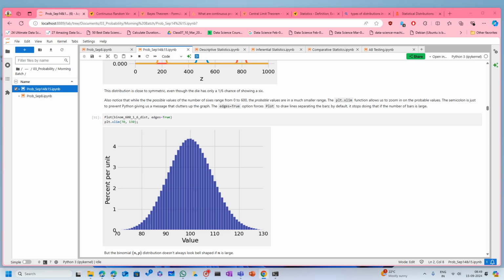It could be any experiment: tossing of a coin, rolling of a dice, or students securing marks. For instance, let's say 30 students took a certain exam, and randomly some of them passed, some of them failed. But if you allow 1 crore students to take the same exam, you will start to notice this pattern emerging.